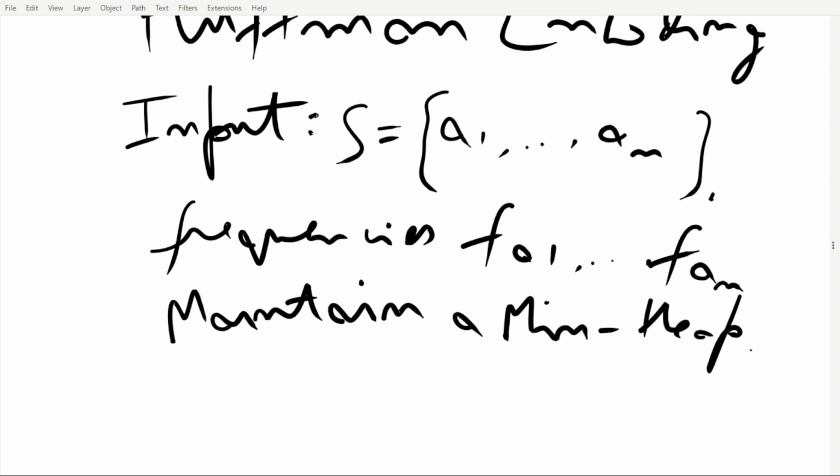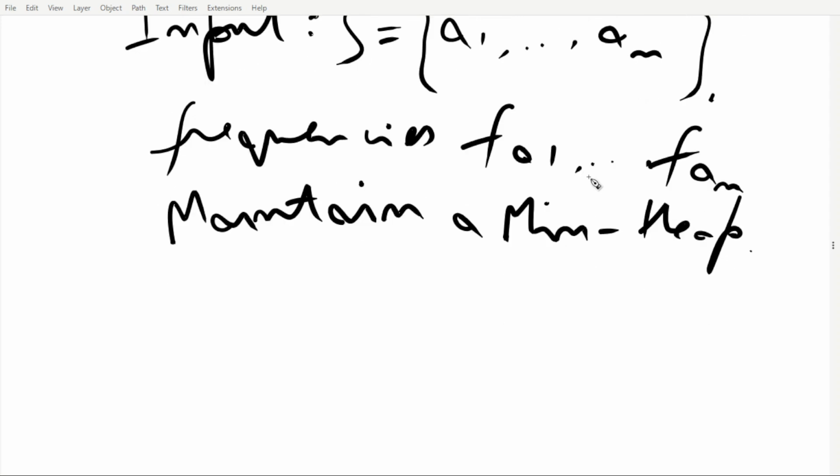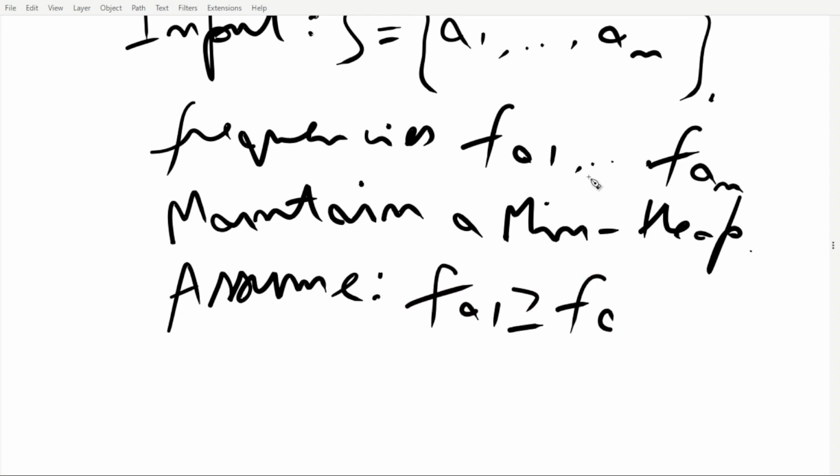Using the frequencies. So again, for simplicity, we can assume that the alphabets A1 up to AN are sorted in decreasing order. So just for simplicity, in explaining the algorithm, assume that FA1 is greater than or equal to FA2 and so on up to FAN.